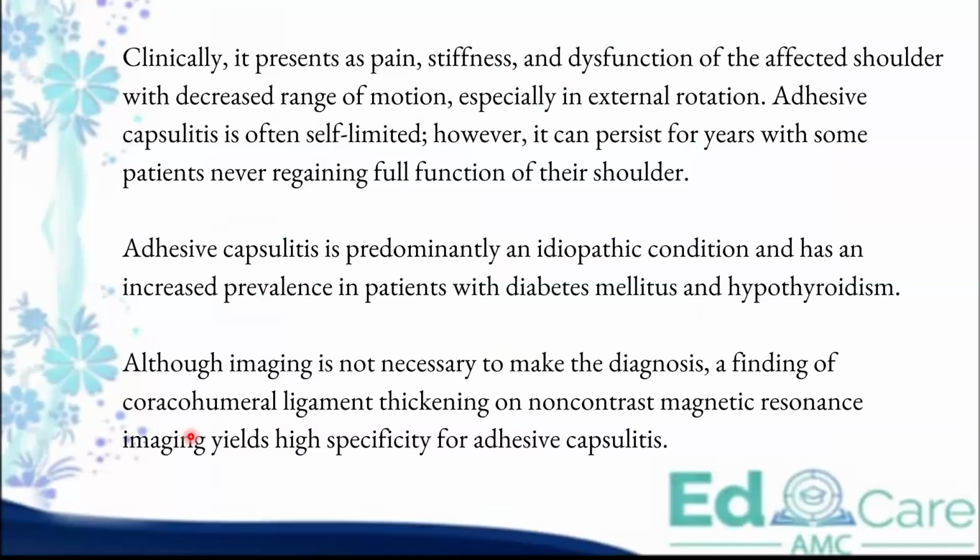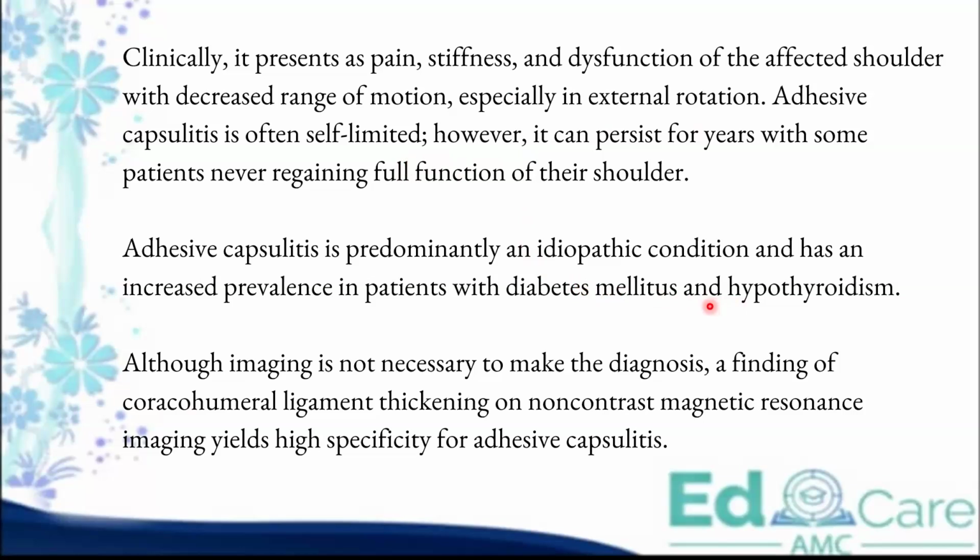Clinically presents as pain, stiffness, and dysfunction, right? Of the affected shoulder joint with decreased range of motion, especially external rotation, right? It's self-limiting but can persist for years. So cause is unknown, but high prevalence with DM and hypothyroidism, right?